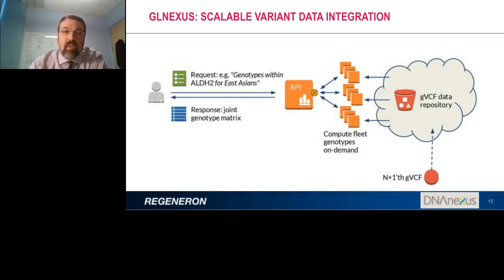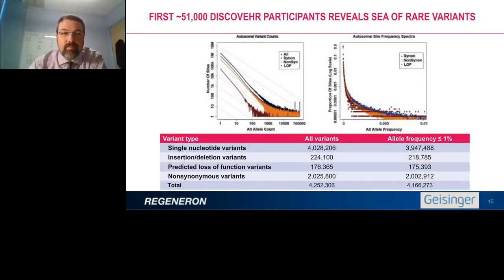So for example, just request genotypes within the gene ALDH2 for East Asians, and then query that data repository that can give you that data that's already been properly genotyped together. Or if you wanted to say, give me all of the production data from Project X within a given time frame, similarly. So we're looking forward to this and other innovations that are fundamentally enabled by cloud computing and our collaboration with some of our partners.